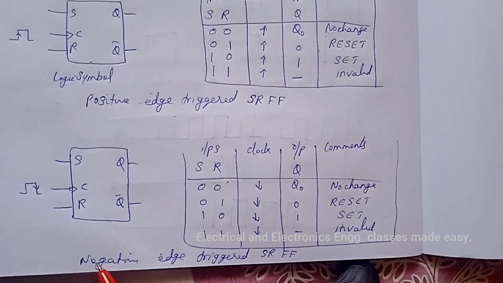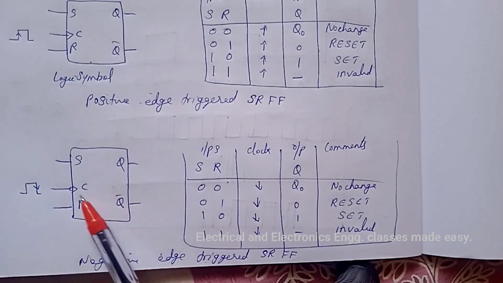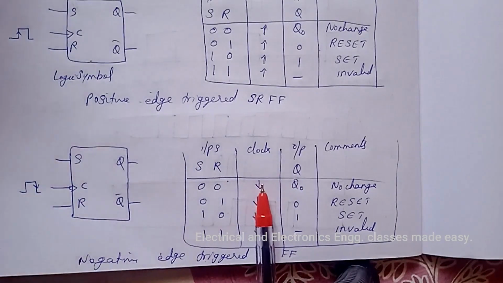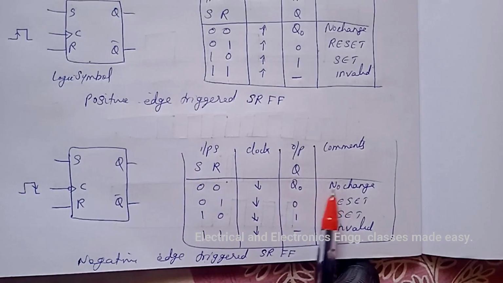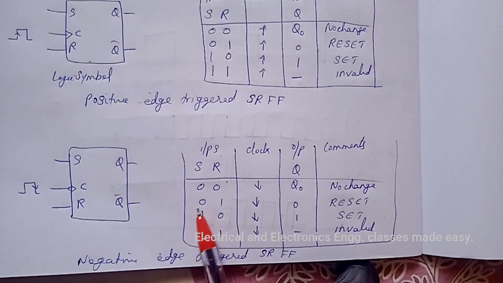And this is the negative edge triggered SR flip-flop. This is the logic symbol and this is the truth table. Here also, when both the inputs are 0, then the output is no change, that is on the negative going clock pulse.